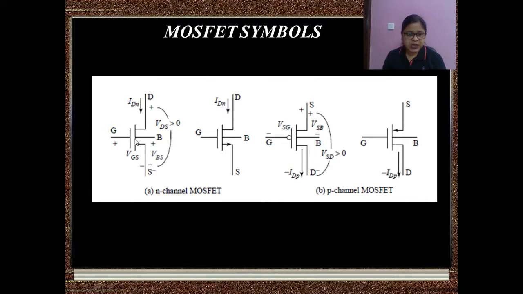So basically this line is showing the channel, and this gap is here because we have discussed in the previous lectures that MOS is a structure which is used to make a MOSFET as a device. So in a MOS structure we have a metal layer, then we have an insulating oxide layer. This gap between the gate and the drain and source is showing this insulating layer in between. So that's where this gap is formed.